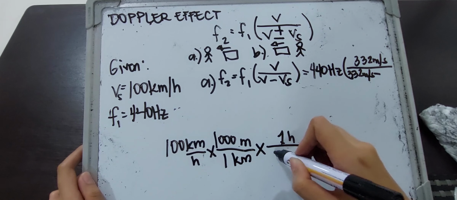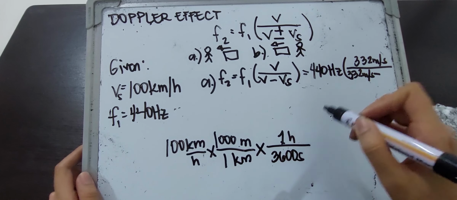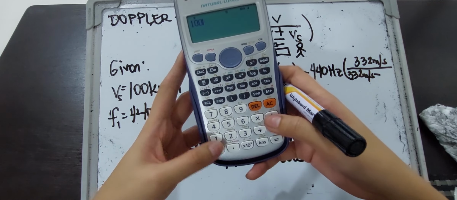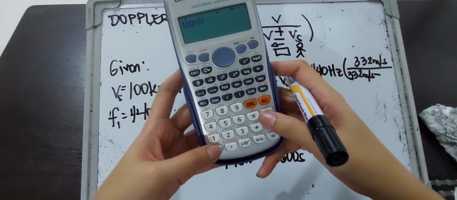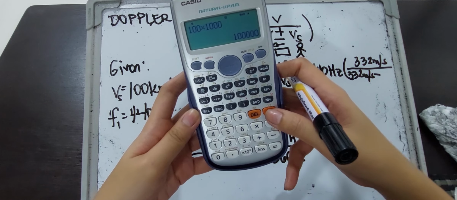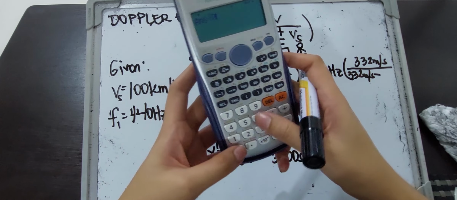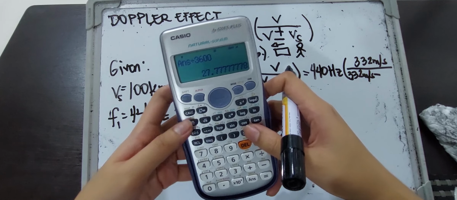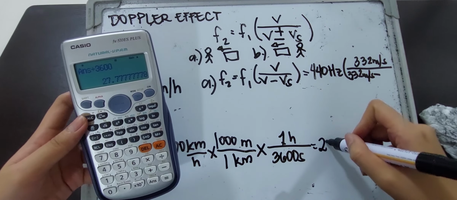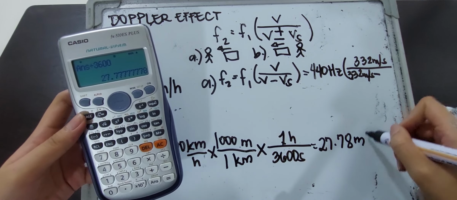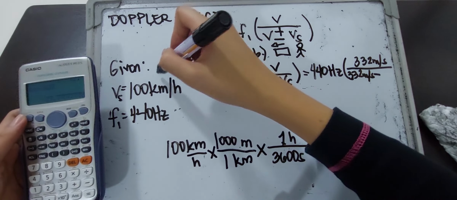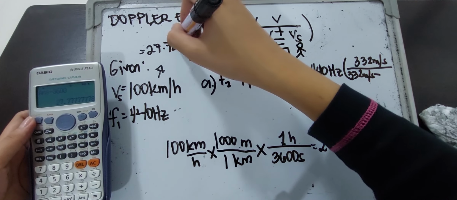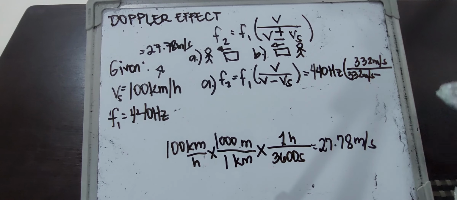And in 1 hour, we have 3,600 seconds. So let us encode 100 times 1,000 is 100,000 divided by 3,600. Our answer is 27.78 meters per second. So 100 kilometers per hour is equal to 27.78 meters per second.